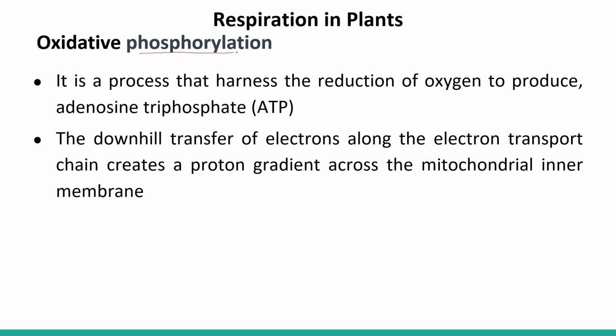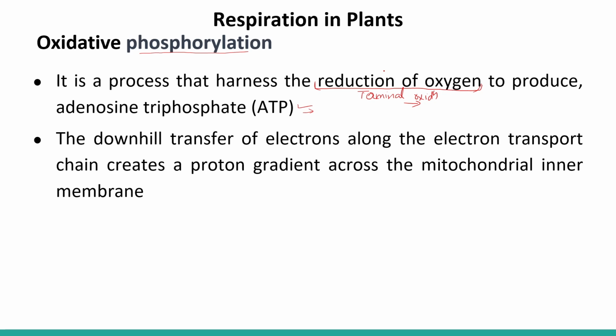Oxidative phosphorylation is the process that harnesses the reduction of oxygen to produce energy in the form of ATP. The reduction of oxygen at the end is known as terminal oxidation, and this leads to the formation of ATP.